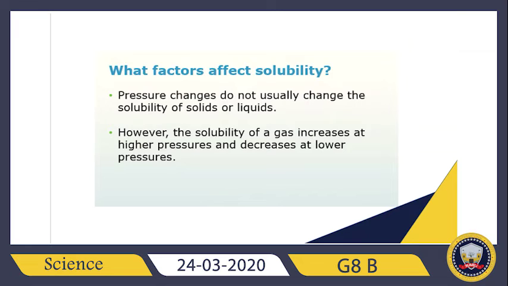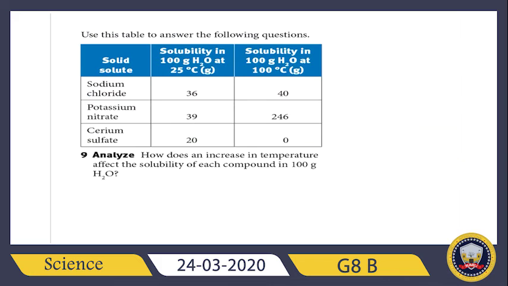As the pressure increases, the solubility of gases will increase, and as pressure decreases, the solubility of gases will decrease. So now, guys, let us try to answer this question. Use this table to answer the following questions, and here we will answer only question number 9.